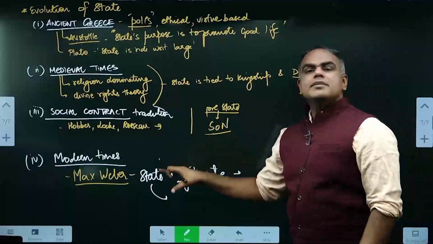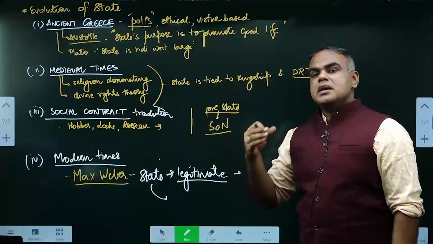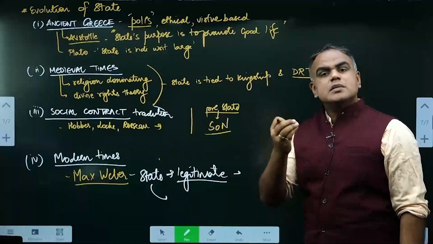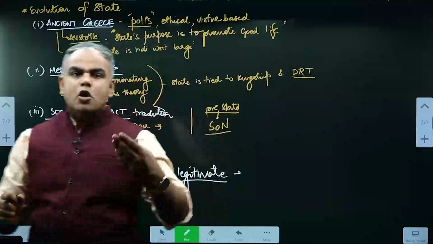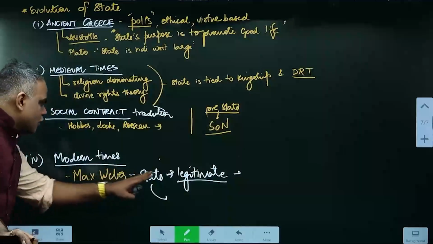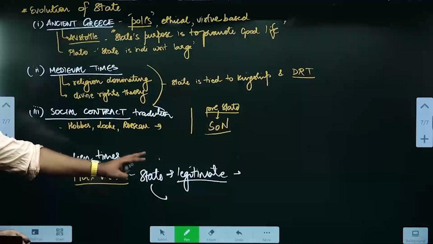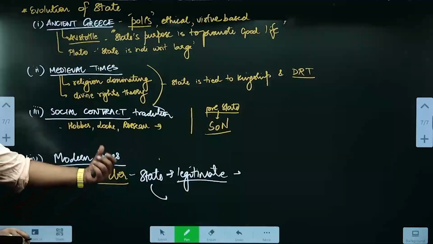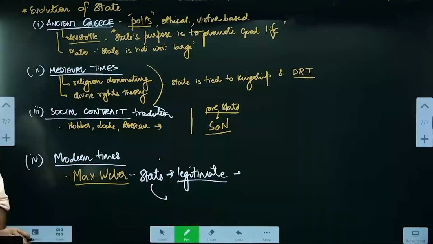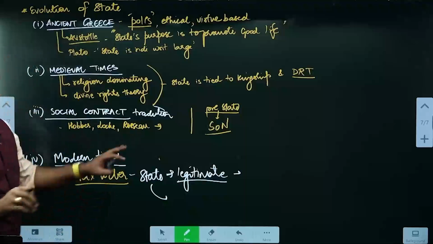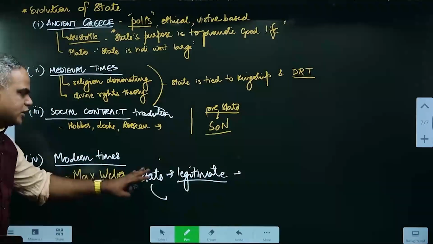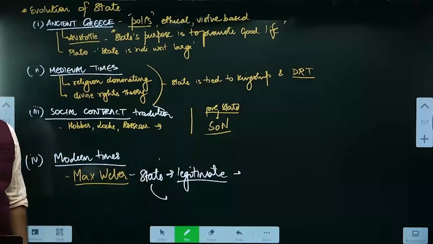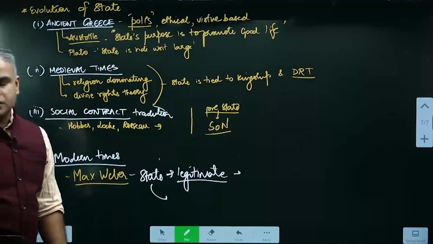So in the modern times, we are seeing the role of the state becoming more powerful. It is the state that is the most important entity. Through the works of Max Weber and even beyond, we see the increasing role of the state, and this is what is getting highlighted. So for Max Weber, there is a monopoly that the legitimate use of force is to be exercised only by the state. That is the main point that we say.